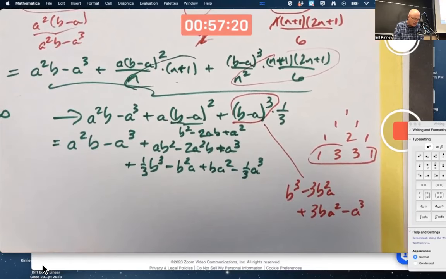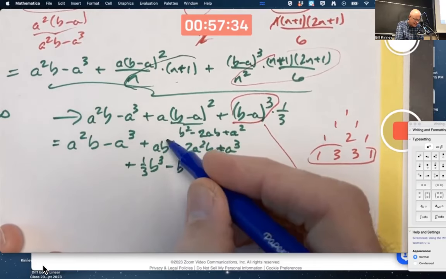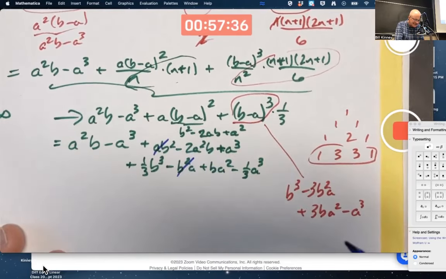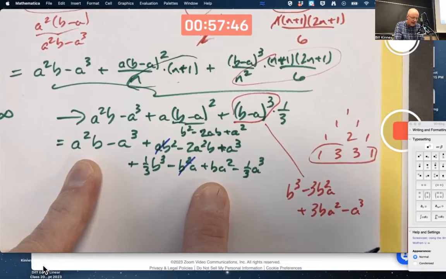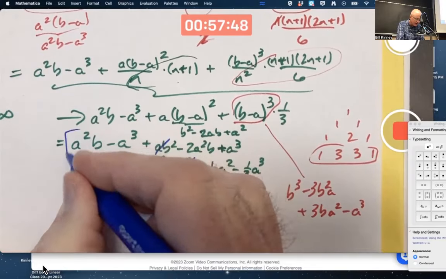Combine like terms. Does stuff cancel? Looks like at least one thing cancels here if I have not made a mistake. Looks like this cancels with that. I was kind of hoping those two things would cancel, but oh, wait a minute. Oh, the a squared b terms all do cancel because there's three of them.